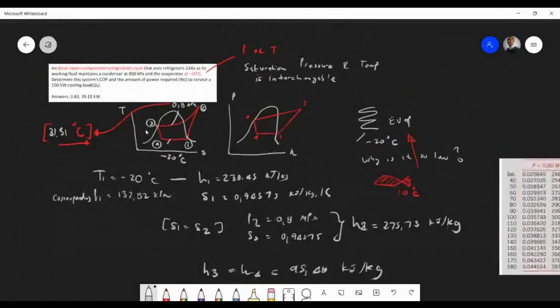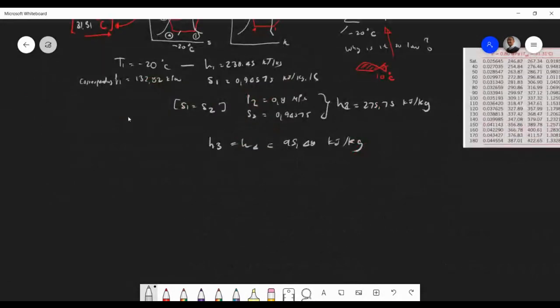So the question in this case, they wanted the COP and your compressor work, and you have a cooling load here. So remember they're giving you QL, and remember QL equals H1 minus H4. This is the evaporator, right? What this means is the amount of thermal energy the fridge is absorbing.